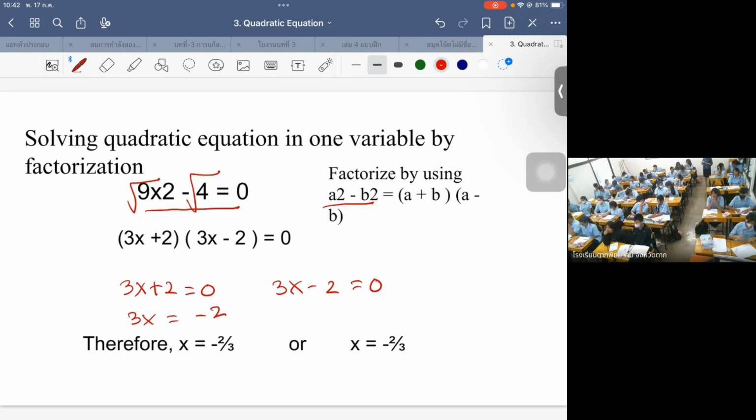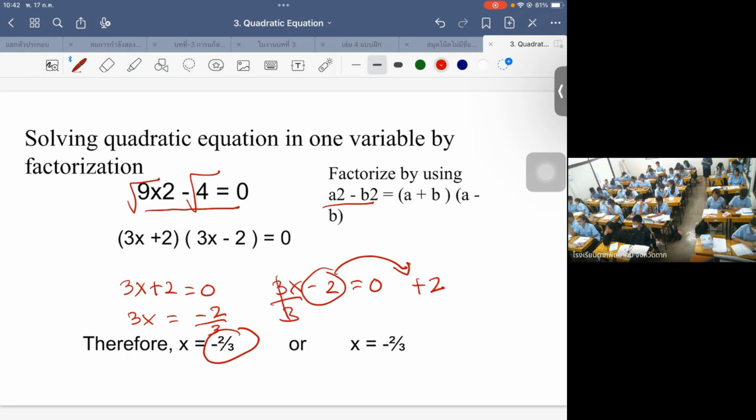And then divide both sides by 3, the answer is negative 2 over 3. Alright? So next is, again, transpose. So it will become a positive 2. So divide both sides by 3. So the answer is positive 2 over 3. So sorry, this is positive.